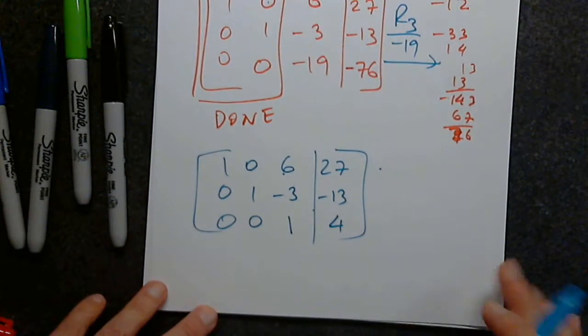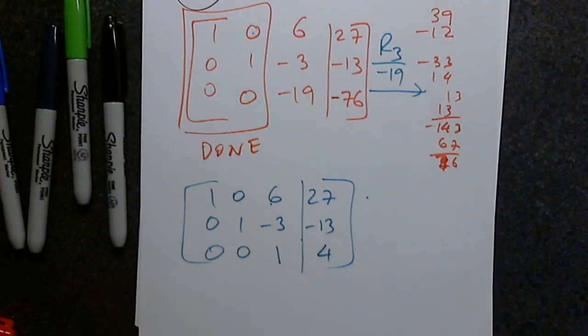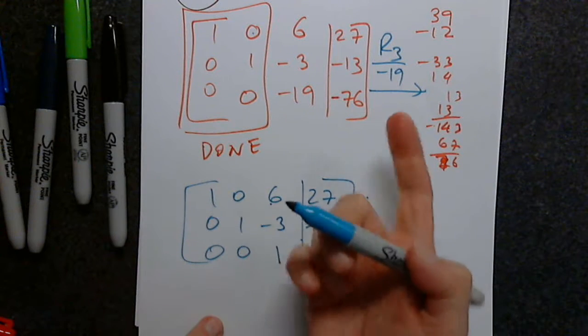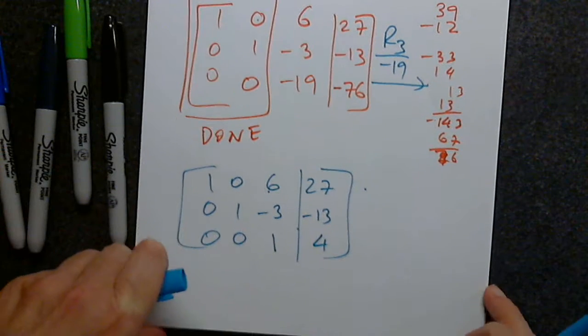Wait, where's the 4? Negative 19 divided by negative 19, negative 76 divided by negative 19. This is what we're doing. We're dividing row 3 by negative 19. So now this is all done.